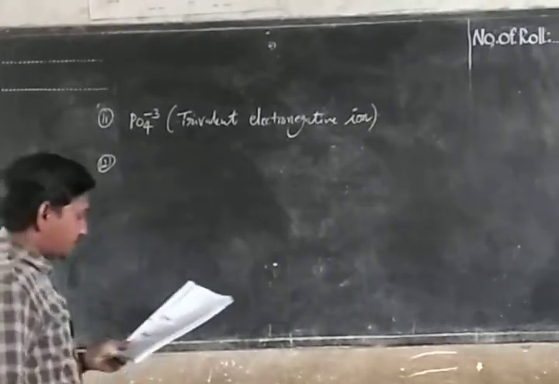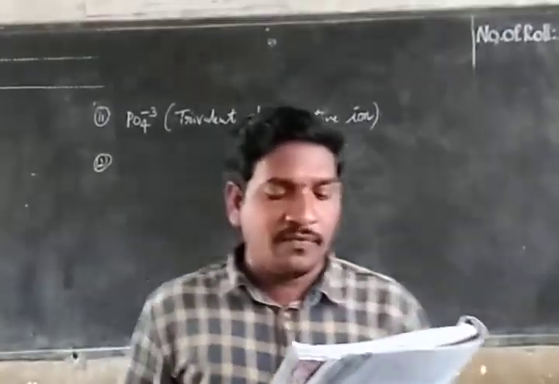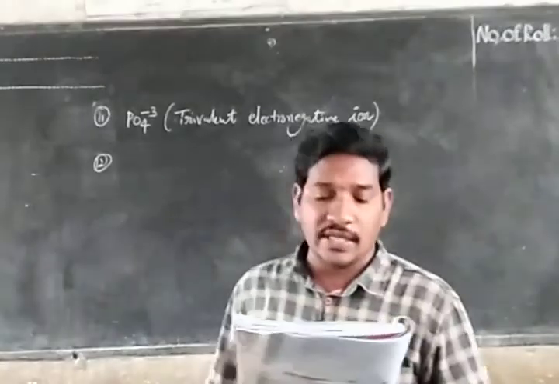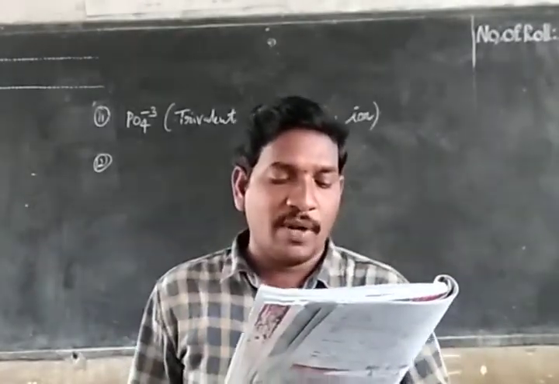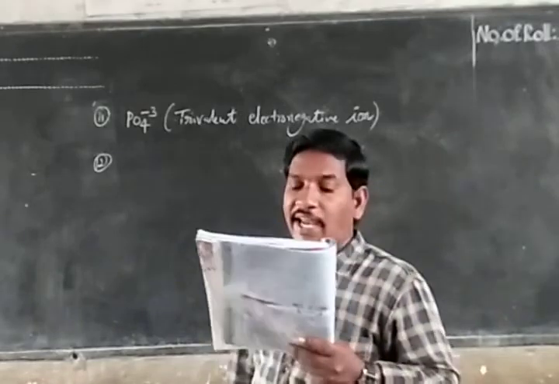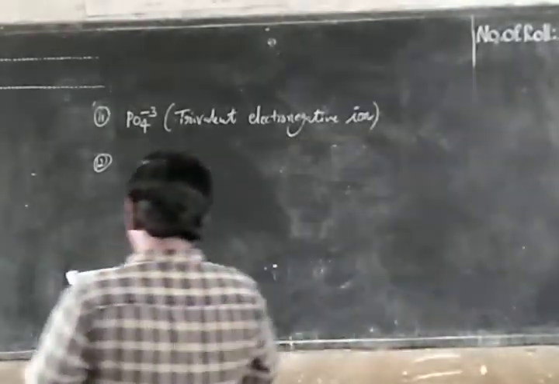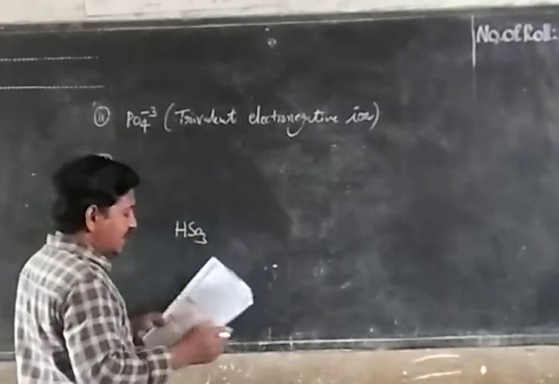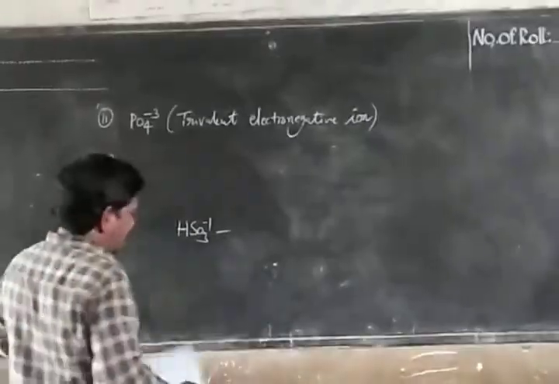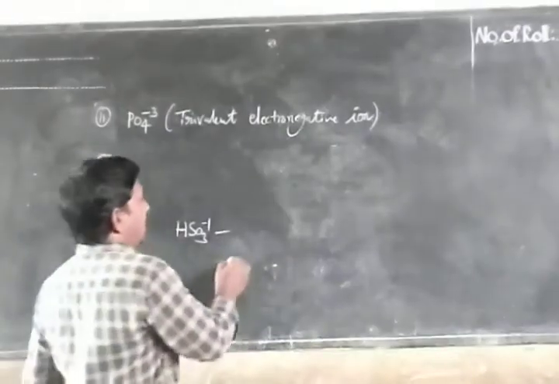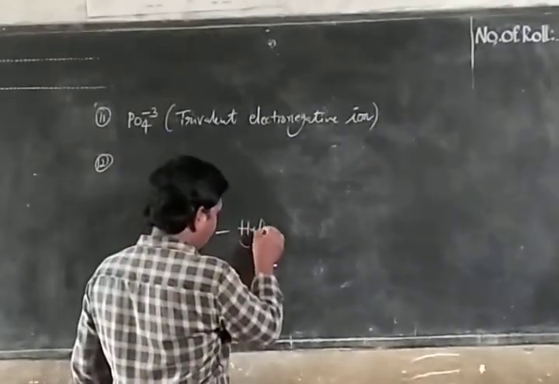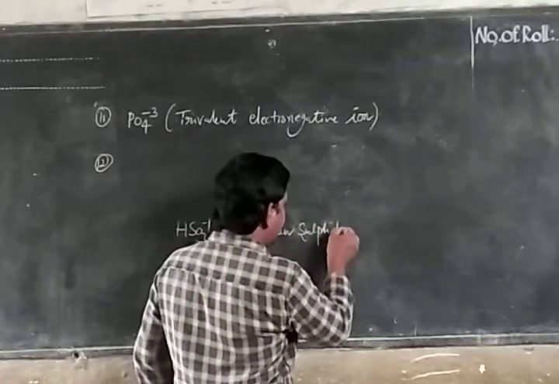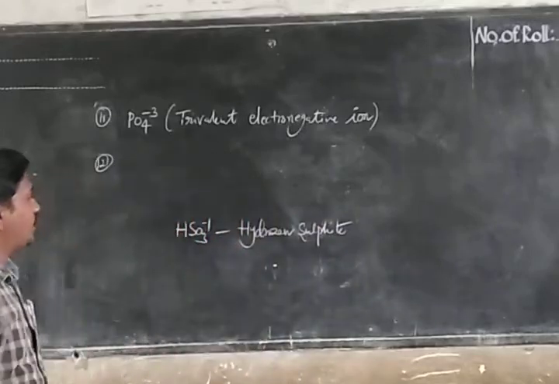12th one. The formula HSO3 minus 1 is hydrogen sulfate, not hydrogen sulfide.